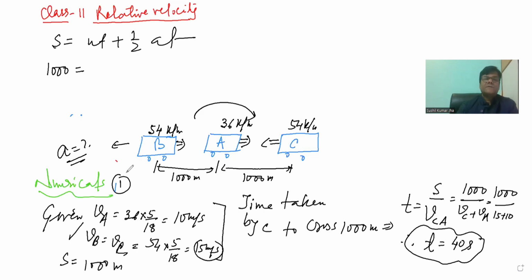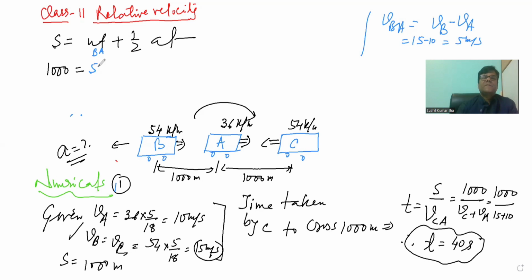U is basically the relative velocity of B. With respect to A, it is going in the same direction, so VBA, and UBA, because they are going in the same direction, is VB minus VA, which is 15 minus 10, so 5 meter per second.